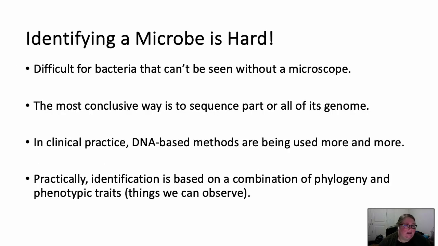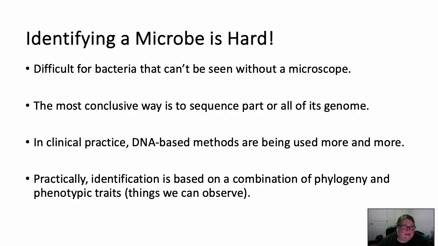Even with these two factors, identifying a microbe is hard. We can't see bacteria with our naked eyes. We have to use a microscope. The best way to identify a microbe is to use DNA sequencing to look at its genome. But not everywhere has access to this DNA technology. So how do we do that without it?